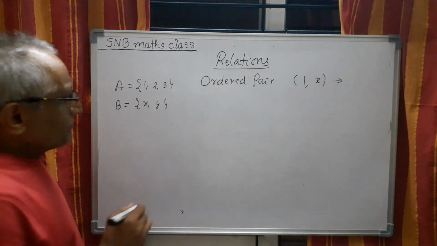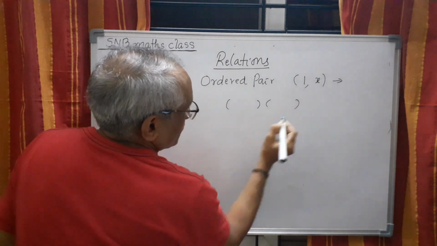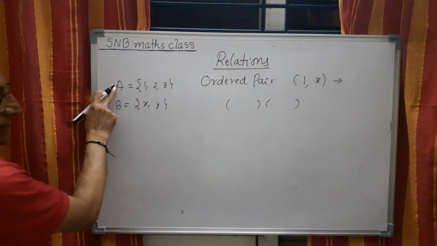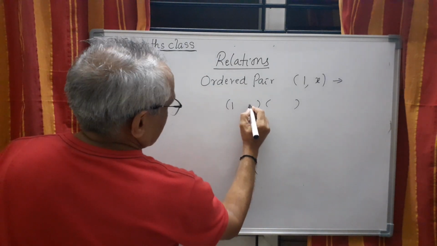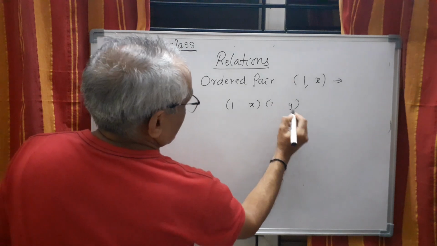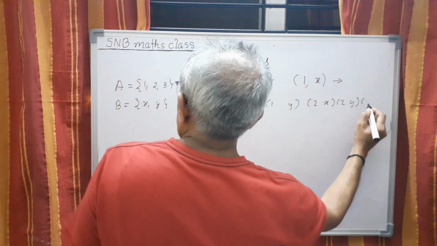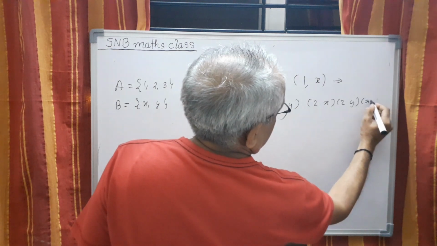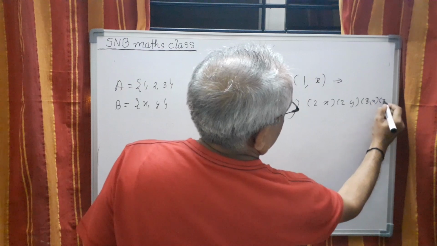Then suppose you take all such ordered pairs, all the possible. For example, from here you have to take the first element, from here you have to take the second element. I can make, for example, 1x, 1y, then 2x, then 2y, 3x, and 3y.